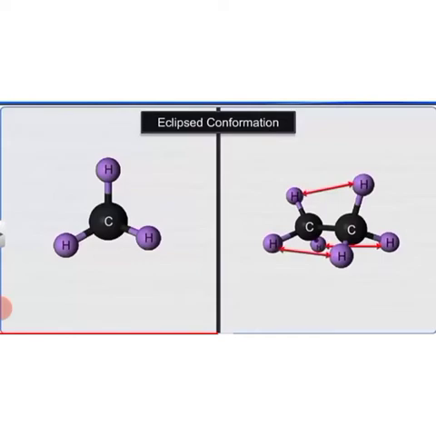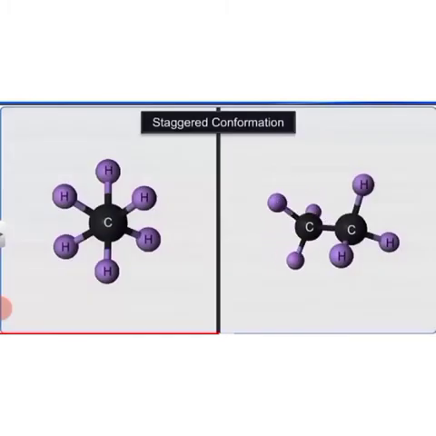This is due to the close spatial arrangement of the carbon-hydrogen bonds. In the staggered conformation, the molecule is the most stable, as there is minimum repulsive force between the electrons. This is because the carbon-hydrogen electrons are the farthest from each other.